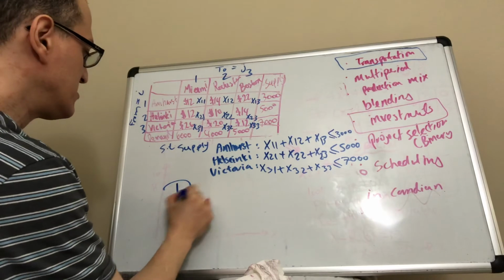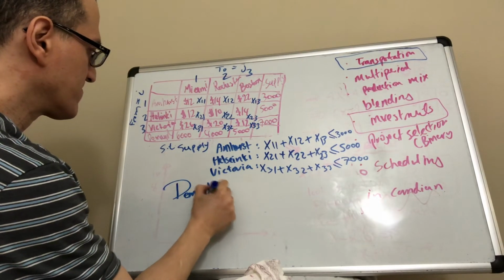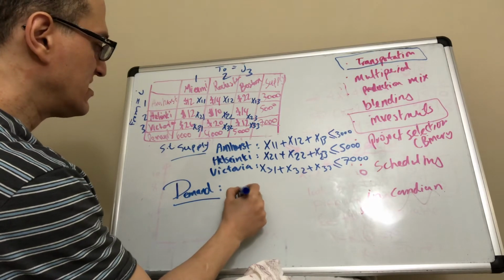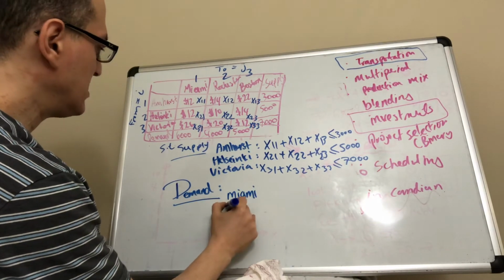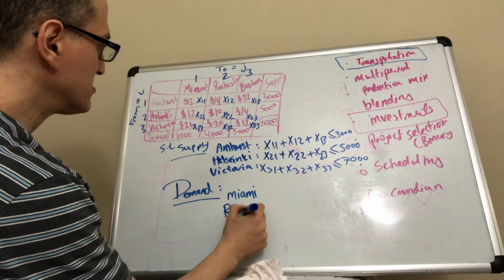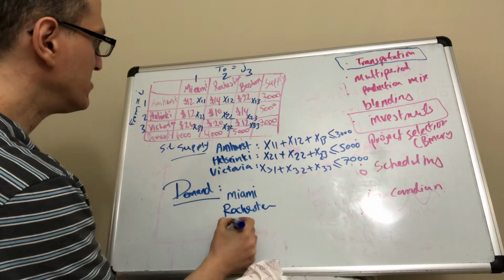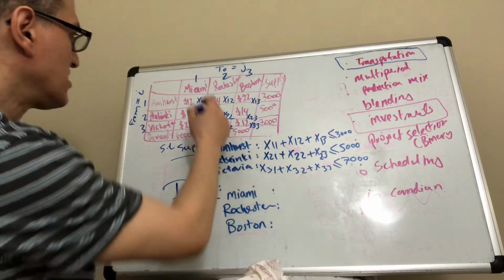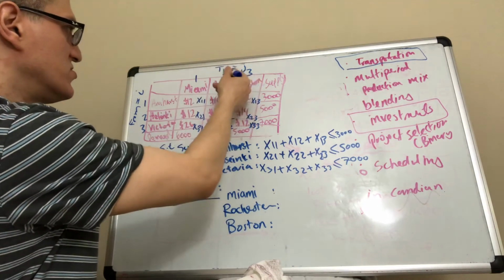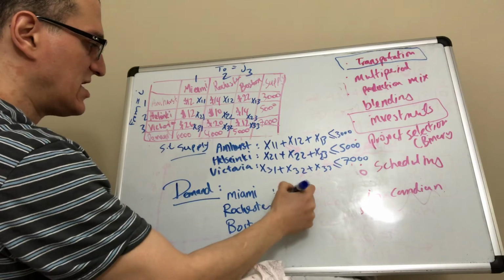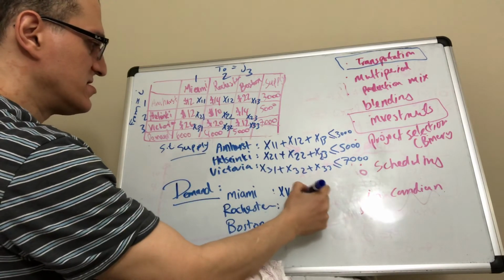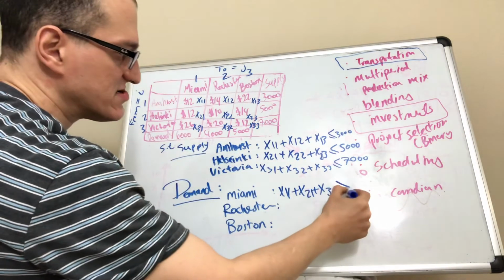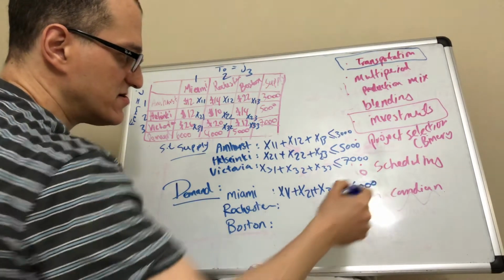We looked at demand. So we have demand for Miami, we have demand for Rochester, and we have it for Boston. Start Miami. Going to Miami, we have the X11, the 21, and the 31. They need 6,000, so you must satisfy what they need.